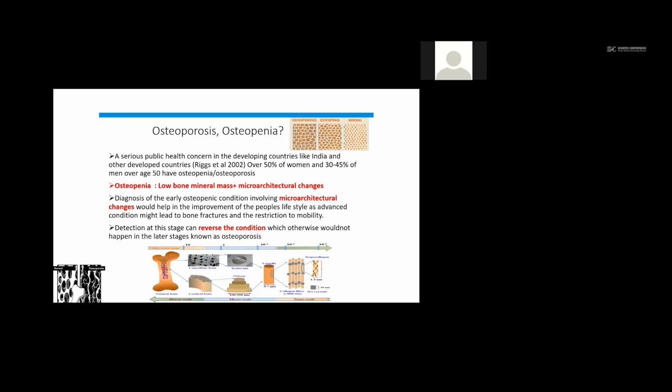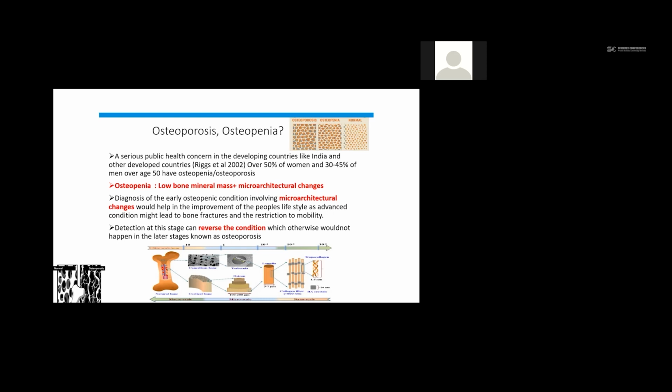But in the case of osteopenia, bone density might not change, but there will be a change in the structure of the bone with respect to collagen and hydroxyapatite, in how that arrangement changes. This is what we have deduced a little bit in our study as well, how the microarchitecture changes in the osteopenic condition.